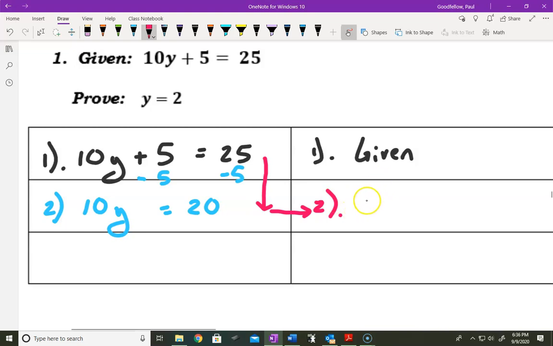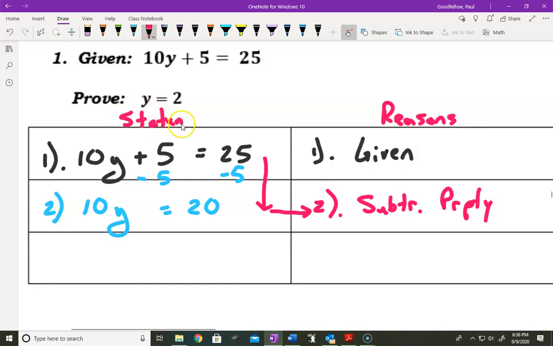Well, I did a subtraction deal, and I did the subtraction of 5 on each side, which was based on the subtraction property. Those properties are your whys. Over here is where we're going to put our reasons, and on this side is where we're going to put our statements. Okay? Statements are what we're trying to get done, and reasons are why did I do whatever I did.